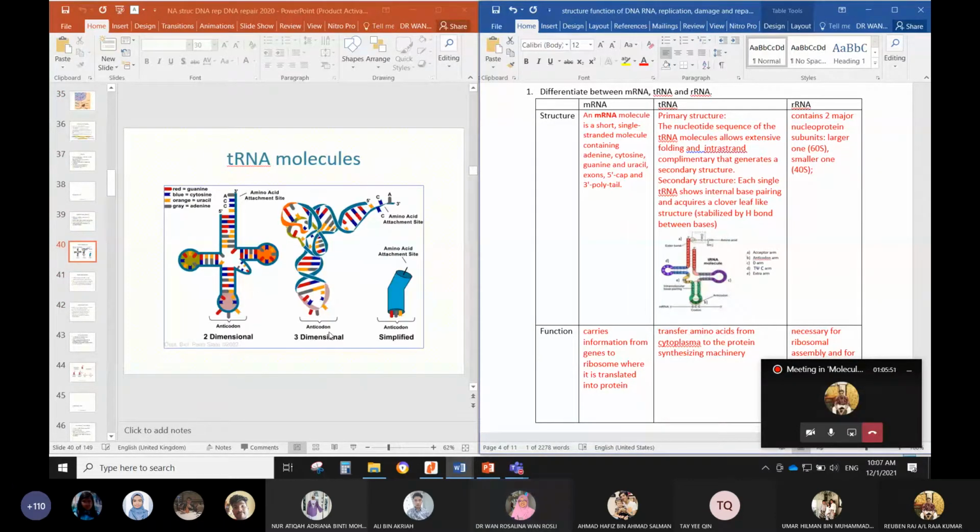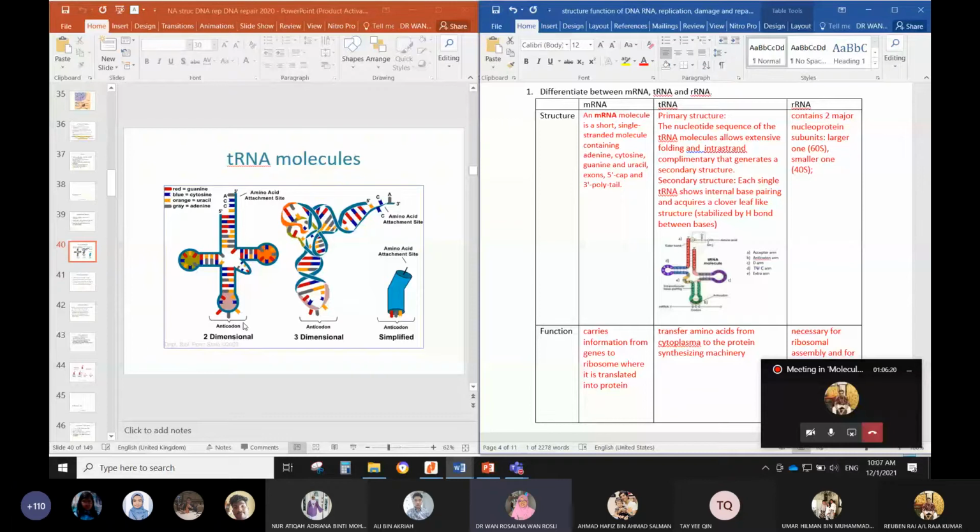The anticodon here, if you look at the two-dimensional picture of the tRNA, is at the bottom. This anticodon is complementary to the sequences in the mRNA, and because of this, it carries the appropriate amino acid.